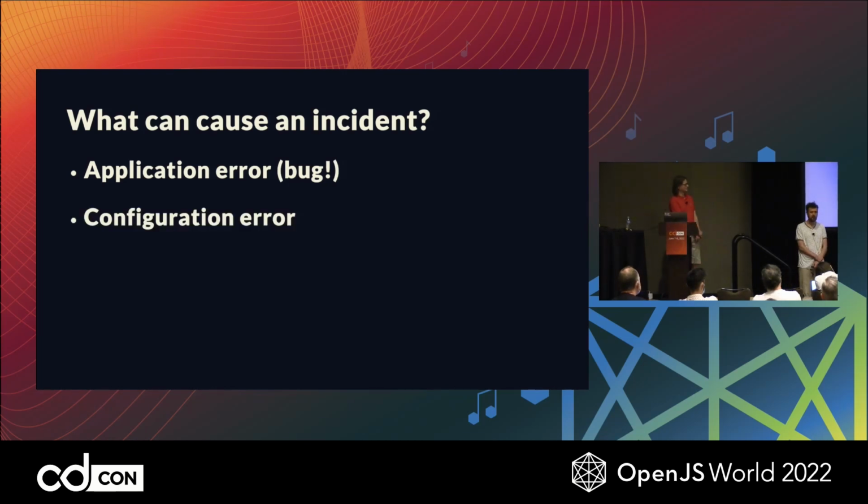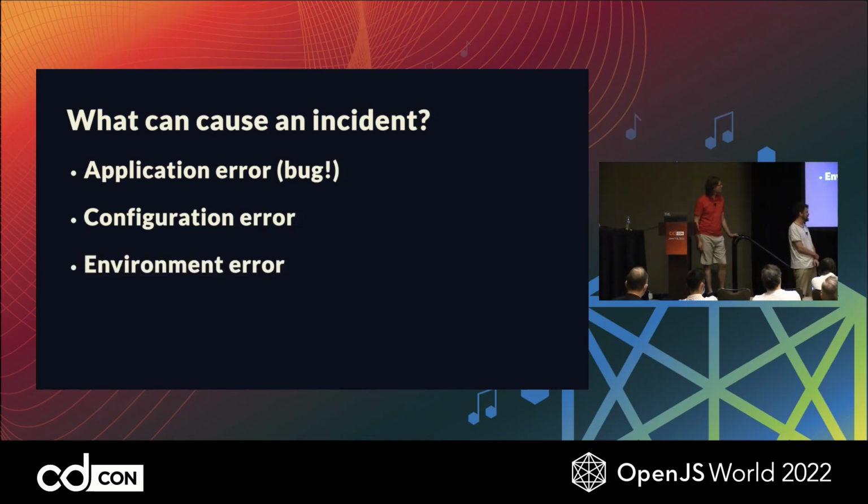So a user or whoever is operating or deploying your application has made an error in the configuration that causes things to either not come up at all or degrade in some way. And it can be completely unrelated to the application. It could be something related to the environment, like network performance or power outage or anything like that. And it could be many other things as well, but they all contribute to incidents. They all affect your end users in some way or another.